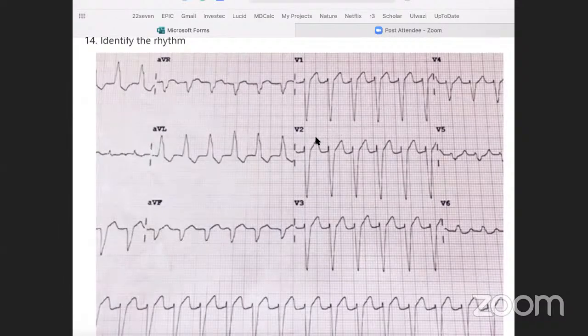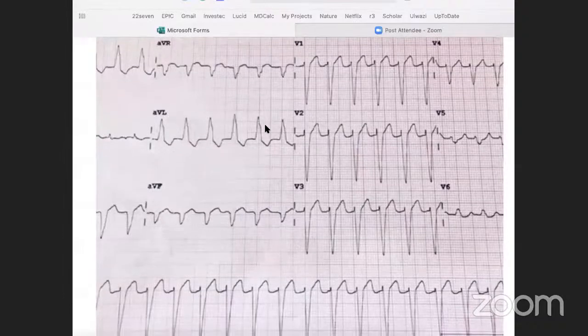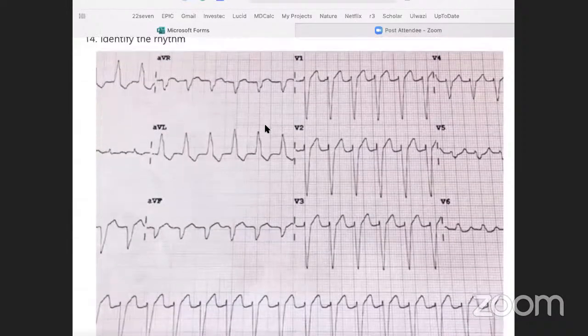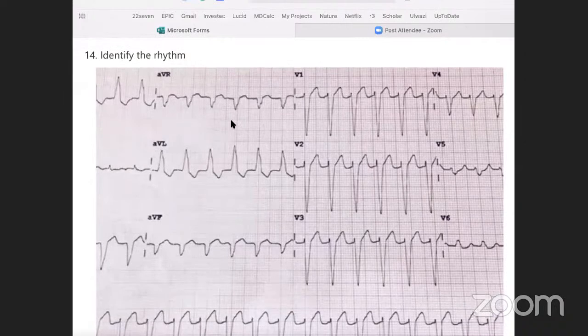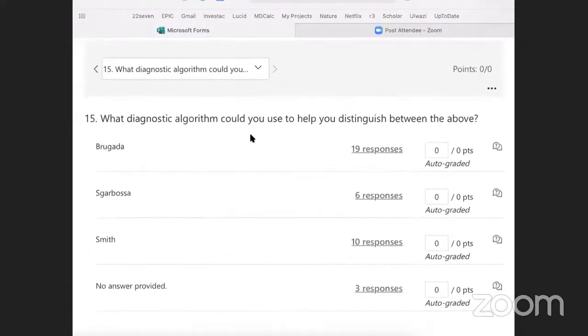It gives us a really good look at what the atria are doing. In this case, very difficult to differentiate, but when doing the Lewis leads, you can see the atrium depolarizing quite nicely prior to each QRS complex. And so that was the next question, just Brugada's algorithm. It has a stepwise approach in terms of discerning wide complex tachycardia, whether it's VT or SVT with aberrancy.